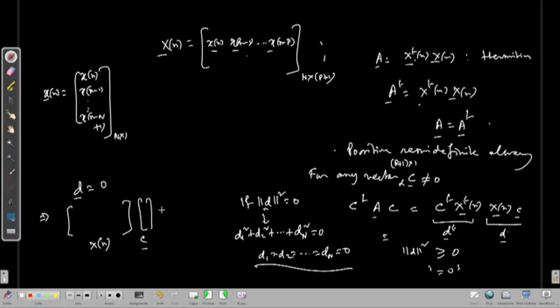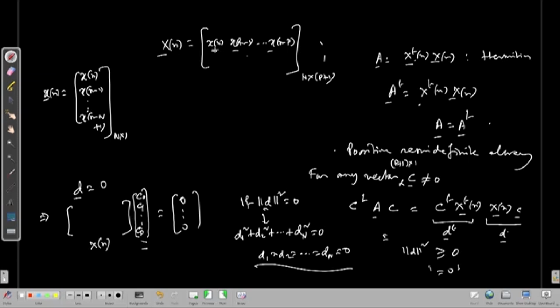This c is c0, c1, and so on. What does this matrix times a column vector mean?